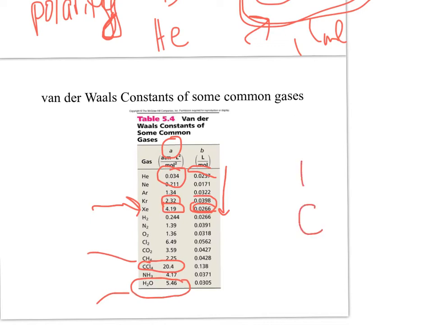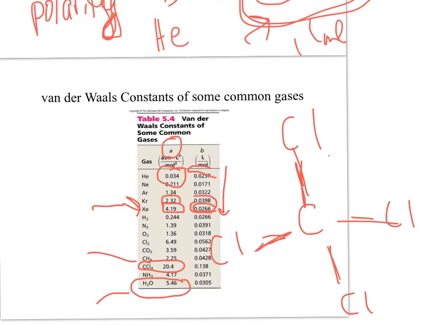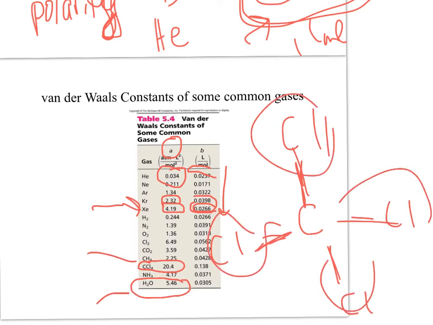Well, I would guess that even though CCl4 is nonpolar, because it's a perfect tetrahedron, even though the individual bonds are polar, the tetrahedral geometry cancels that out and it's a nonpolar molecule, it must be incredibly polarizable compared to the small water. So that's how I would actually describe that.